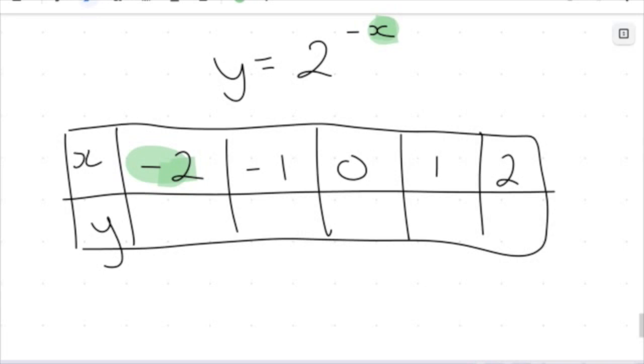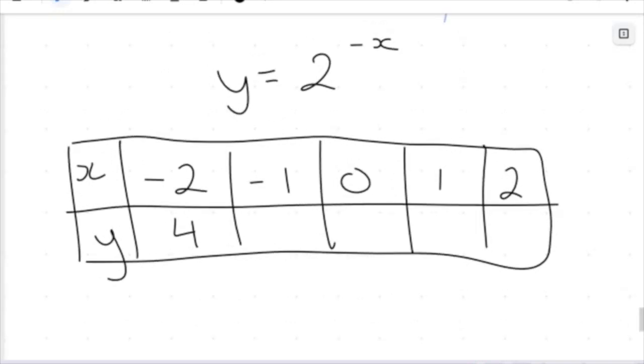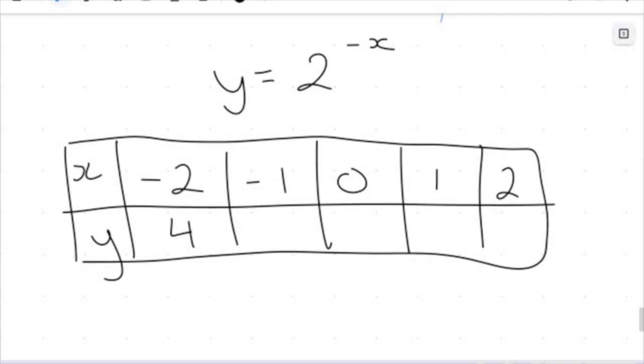So 2 to the power of minus minus 2 is like saying 2 to the power of 2, this double negative becomes a positive, giving me 2 squared. So this gives me 4. Now here, 2 to the power of negative negative 1 gives me 2 to the power of positive 1, which just gives me 2.